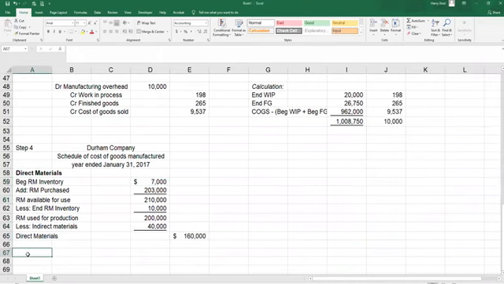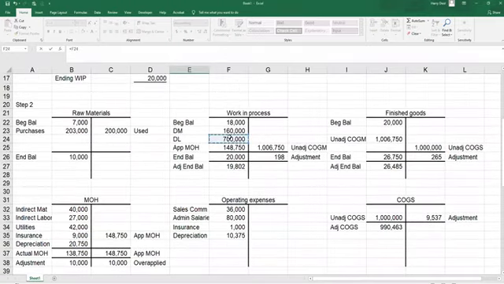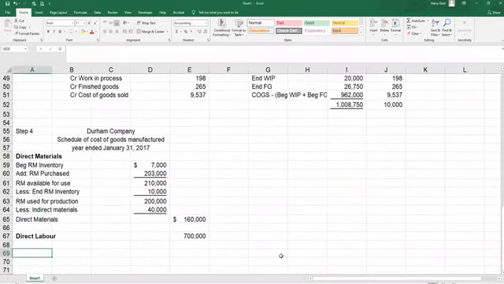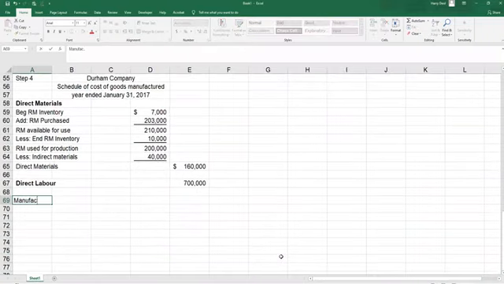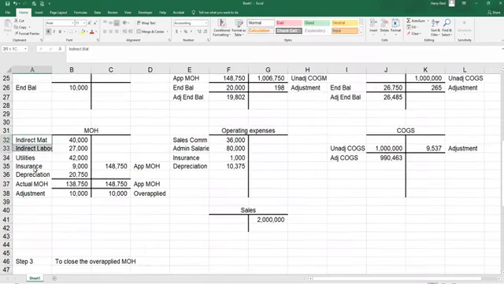Next up, you'll have direct labor costs, which were provided to us in this problem, 700,000. Next up is manufacturing overhead. For these, we'll go back to the T account.